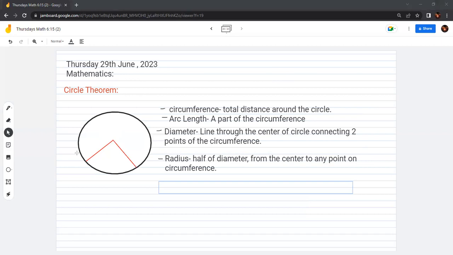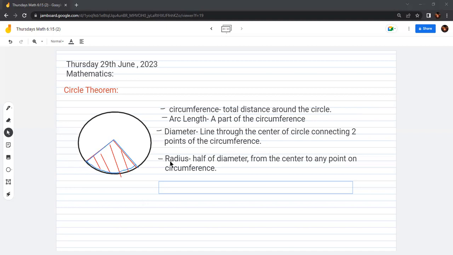A sector is basically that region that is bound by two radii. So you have one radius here and another radius here. So it's bound by two radii and an arc length.